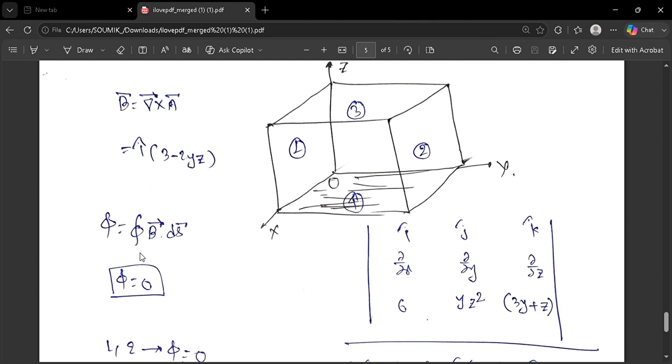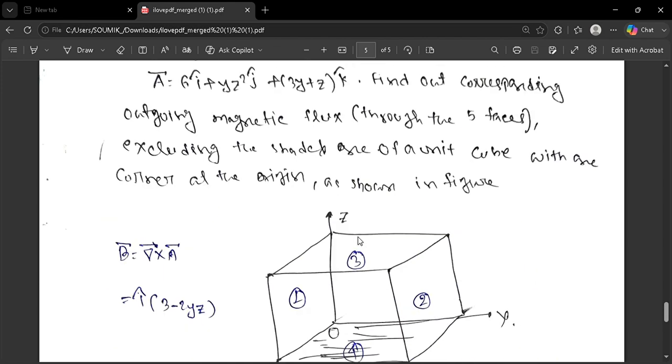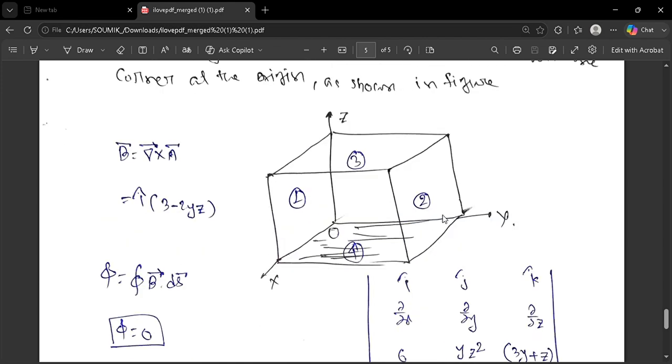And one thing, I made a mistake. Basically here there will be no closed integral. As the question mentions that for the flux we need to exclude this shaded surface, without this shaded surface there will be no closed loop. So it is my mistake. There will be no closed loop in the integration.